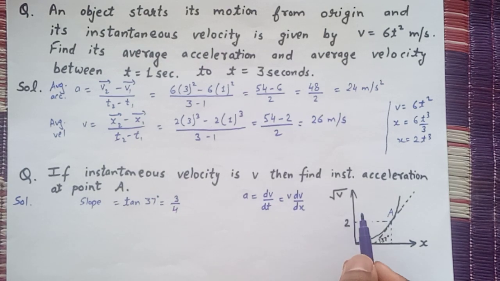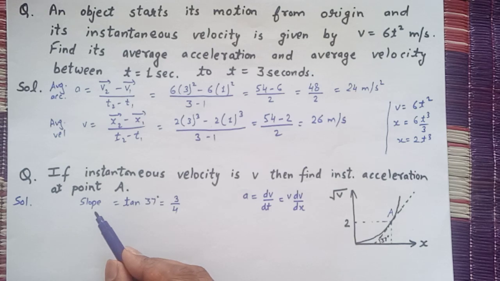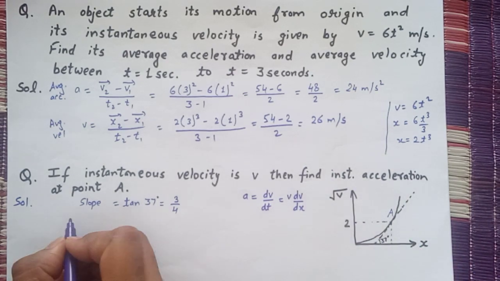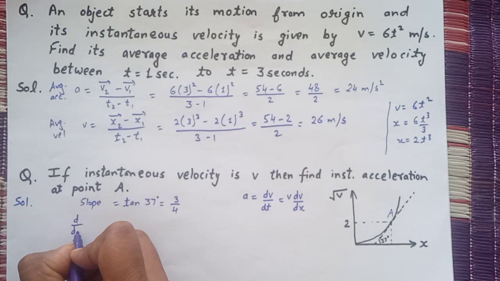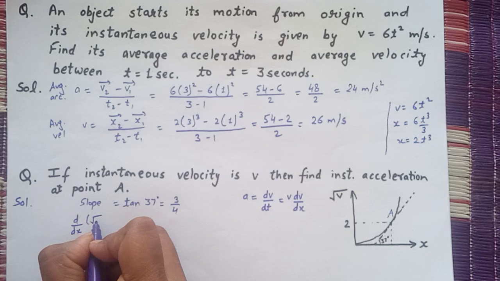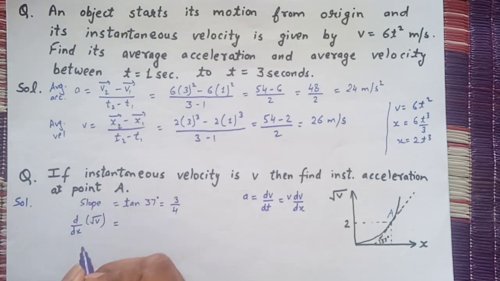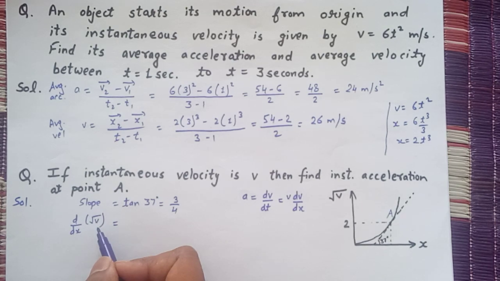Now if I want to find a slope by a given graph, then I have to differentiate the y-axis with respect to x-axis. So on the y-axis it is root v and on the x-axis it is x only. So the slope can also be given by d by dx of root v.